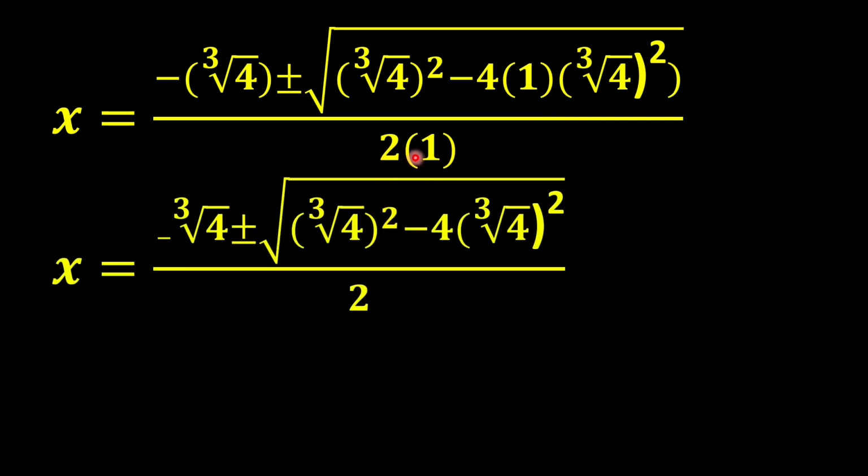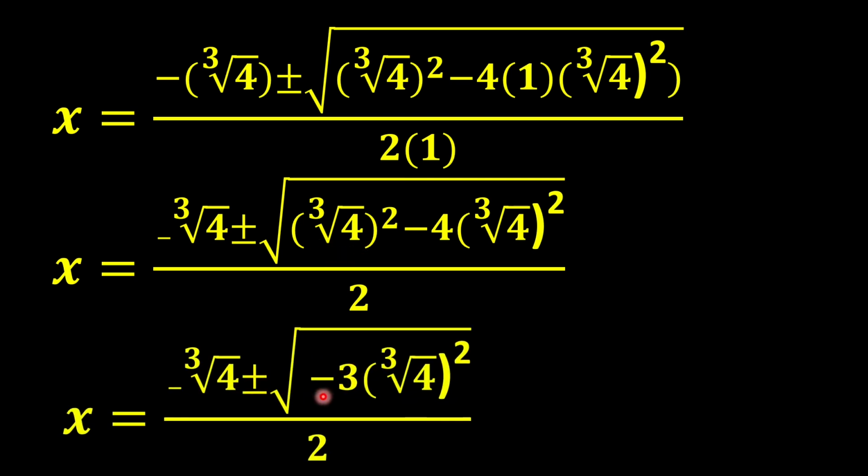So this 2 into 1 will become 2. So if you see over here, this is a 1 time value and this is a 4 times value. This is basically just like 1 minus 4, so it will become minus 3 (cube root of 4) square, divided by 2.